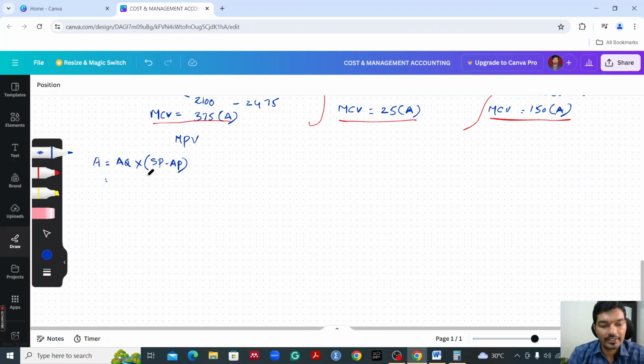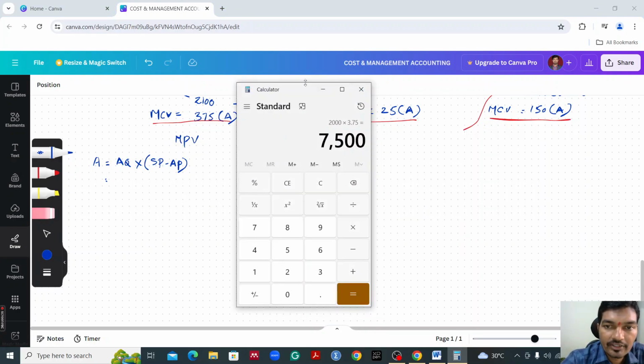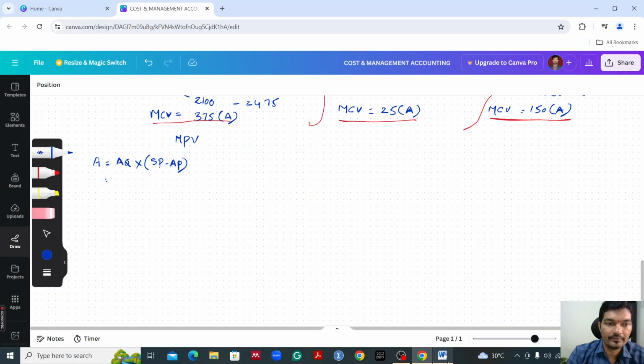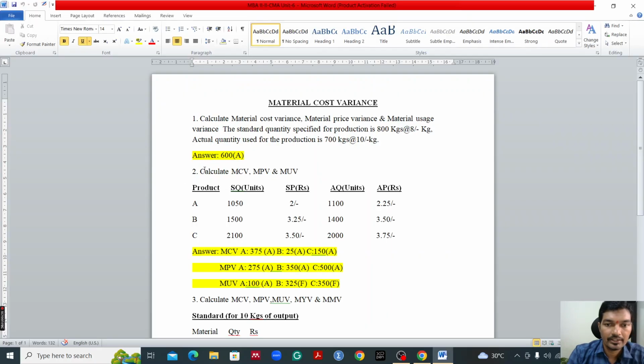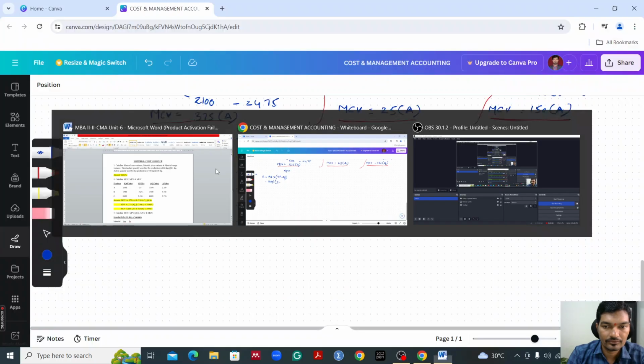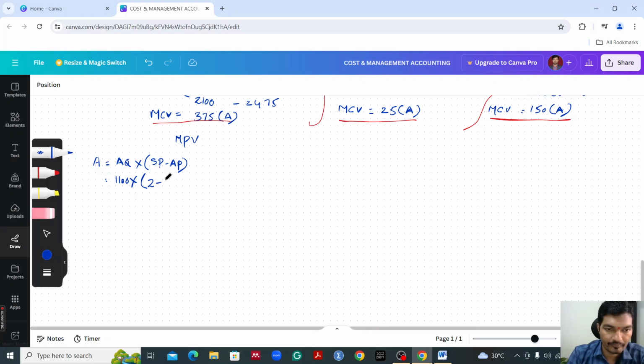The actual quantity for product A, 1100, is multiplied with the standard price, 2 rupees, minus the actual price 2.25.